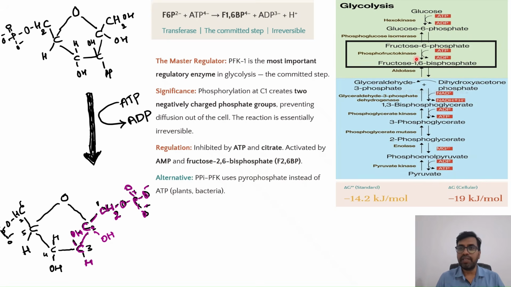Once it is converted into fructose 1,6-bisphosphate, there is no other option for this particular molecule. It has to come down through these steps to get converted into pyruvate. That is why it is called a highly committed step of the glycolytic pathway.